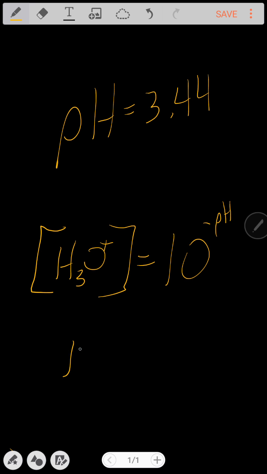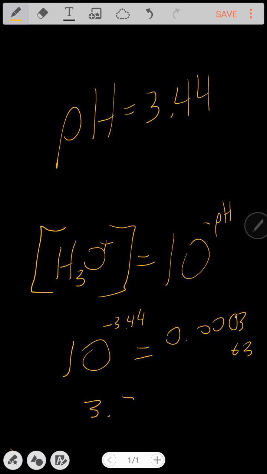So in your calculator, you'll type 10 to the power of negative 3.44, and that will equal, or should equal, 0.000363, or in other words, 3.63 times 10 to the negative 4. Alright? So this is if I have the pH, and the question is, what is the concentration of hydronium? I have to use this equation here.